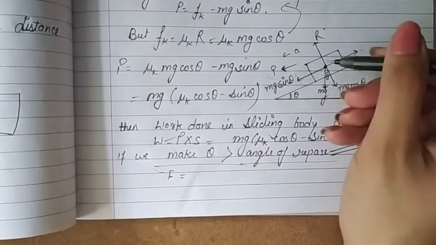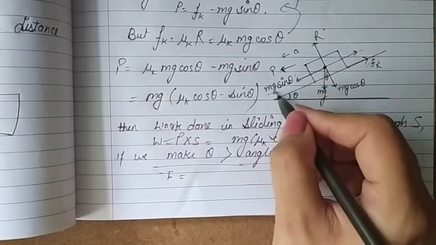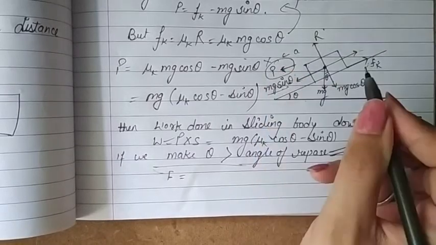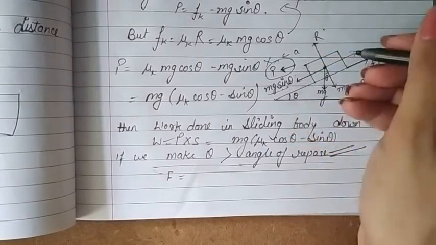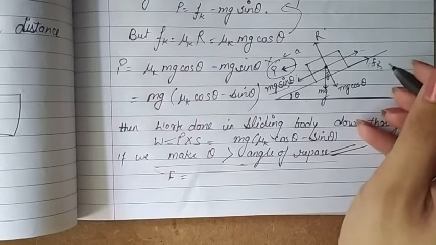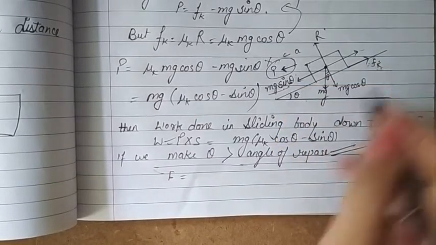This time the body is moving downwards automatically, that means we are not applying any force, and the downward force is more than the upward force. The net force acting on the body is mg sin theta minus Fk.